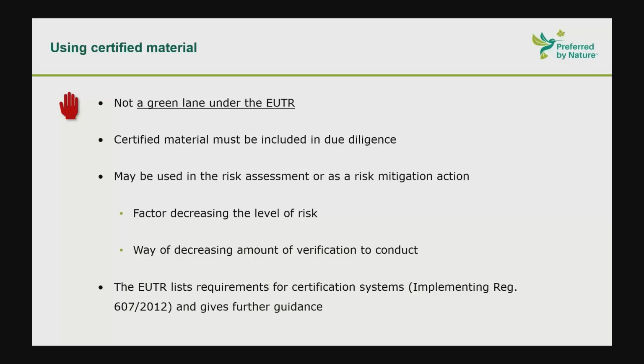It must be included in your due diligence system. However, it does not mean that it's useless and that it does not help you reach a low risk conclusion. It does help you decrease the level of risk of illegality for a product, and it does help you decrease the amount of verification and assessment you will conduct, right?